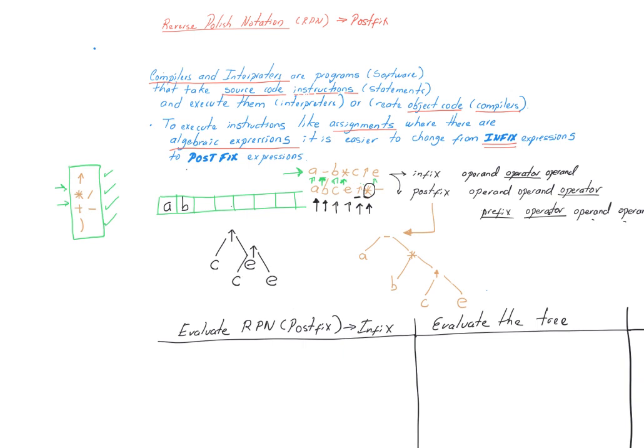Actually, I can't. So let me just copy that and try to move this away from here. No, didn't work. So let me just do it again. So what we had was C, E, and this operation, right?